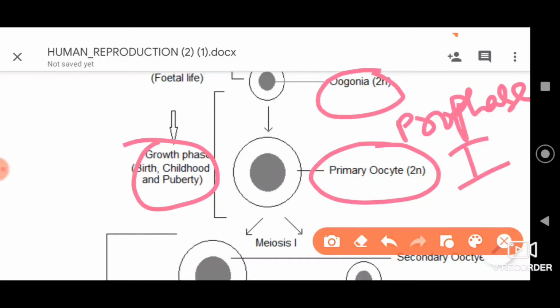So this one important aspect occurs in the growth phase. This phase, from birth, childhood and puberty, we can observe.